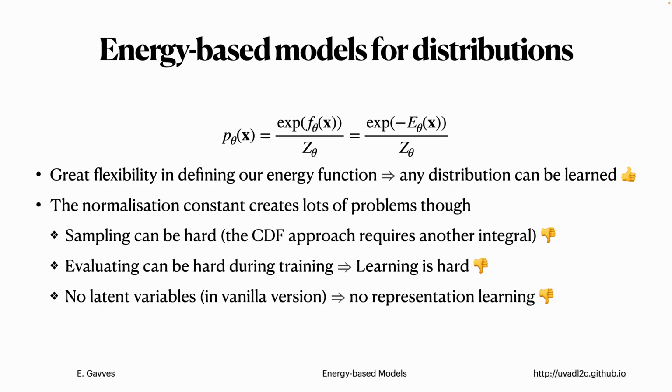So with the CDF approach, you can sample generally, because you already have particular constraints. However, you have to compute another integral, and that doesn't make things simpler, it makes things harder. Evaluating can be hard during training, because in principle you have to compute the integral.